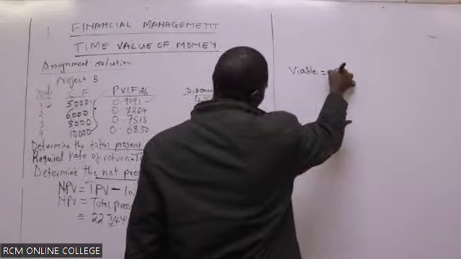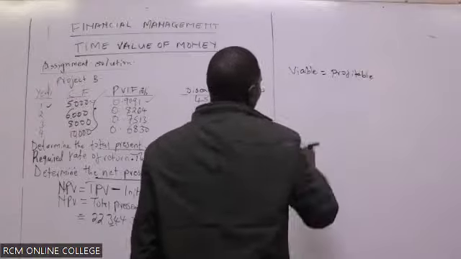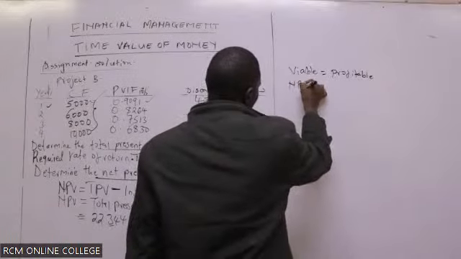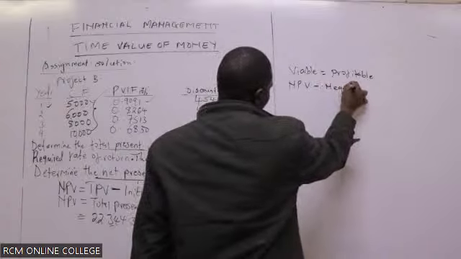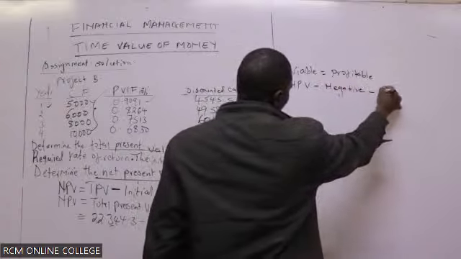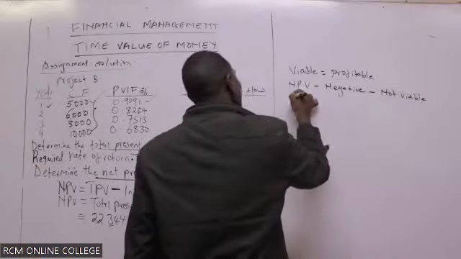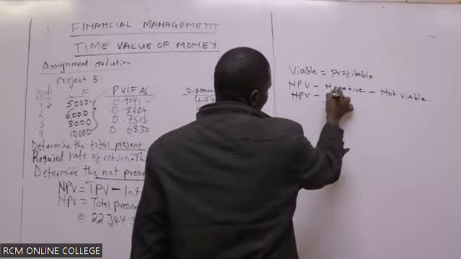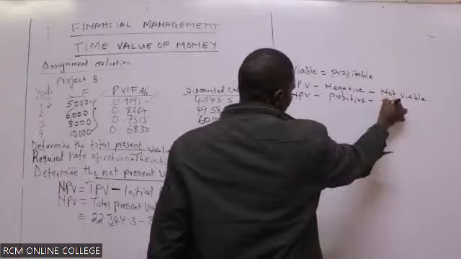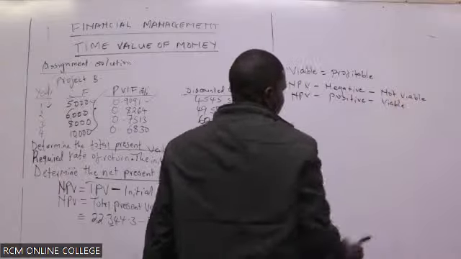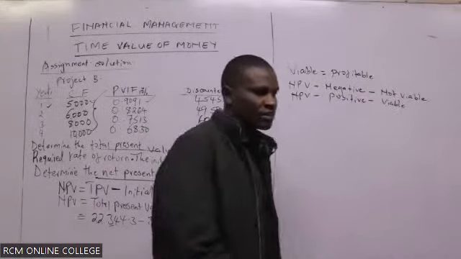We say that if you get a negative NPV, the project is not viable. If you get a positive NPV, the project is viable.